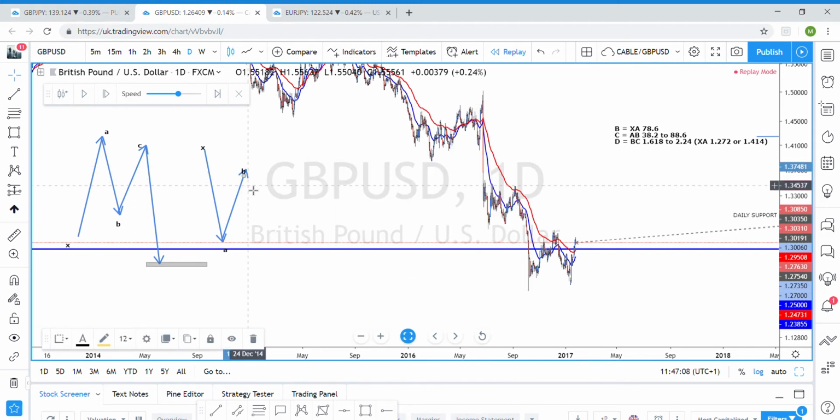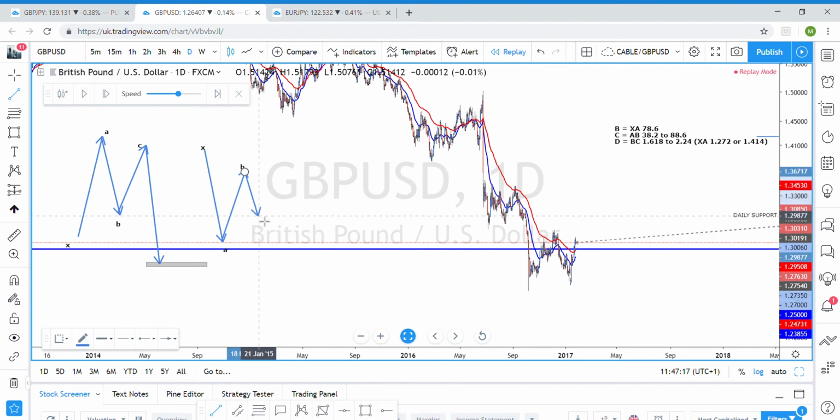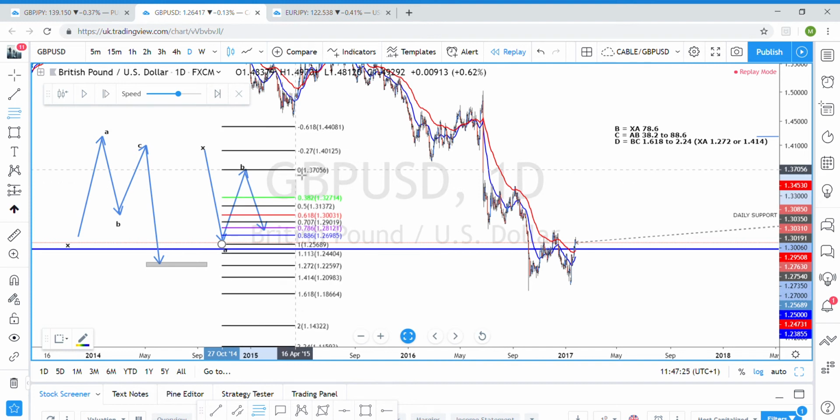And again, just like we said with the M, in reverse, what you're looking for is a higher low here, and that can be 38.2 to 88.6.